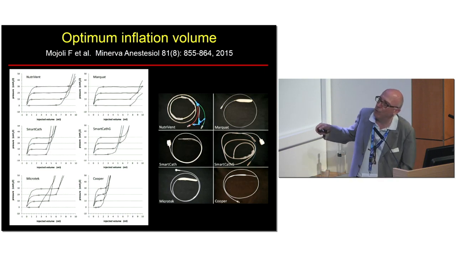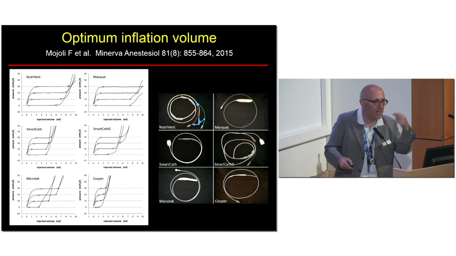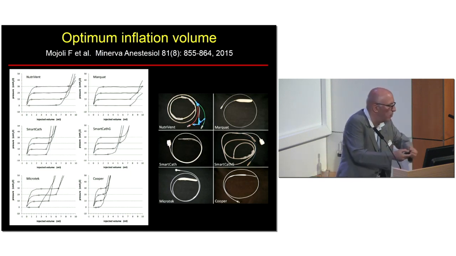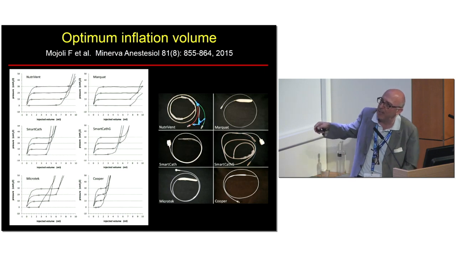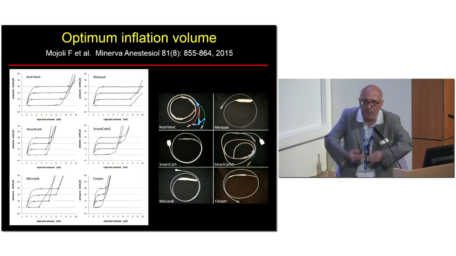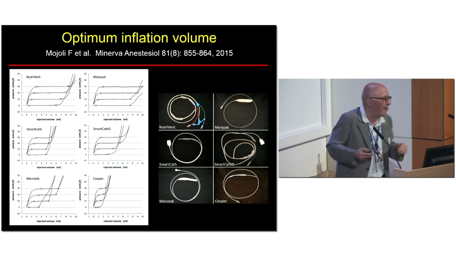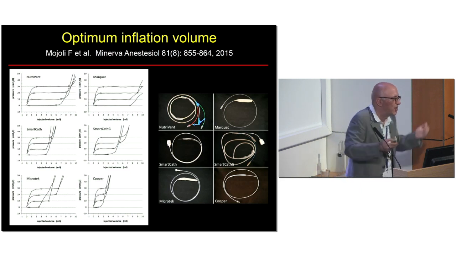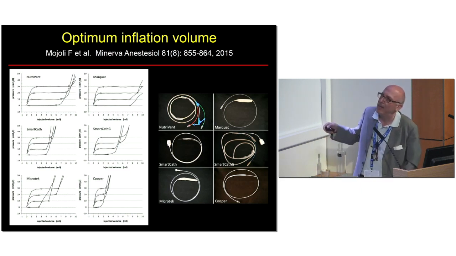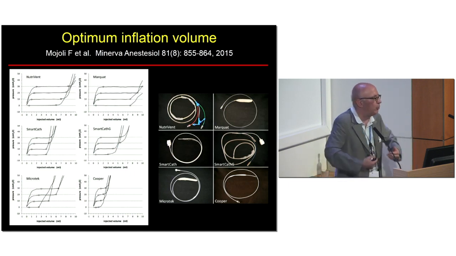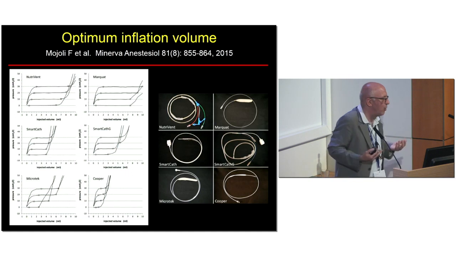First of all, you see that the volume at which you have a flat curve, meaning the pressure does not change with the inflation volume of the balloon, changes dramatically, from 1 to 2 milliliters, for each catheter. So each catheter has a different balloon compliance, which is a problem, because you get completely different measurements. And then this calibration curve is affected by the external PEEP that you are applying.